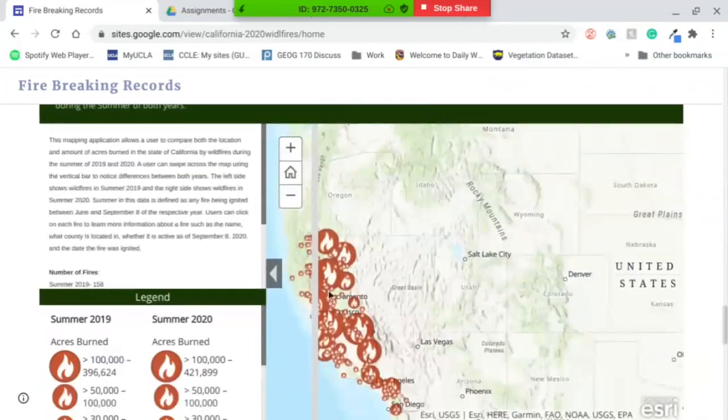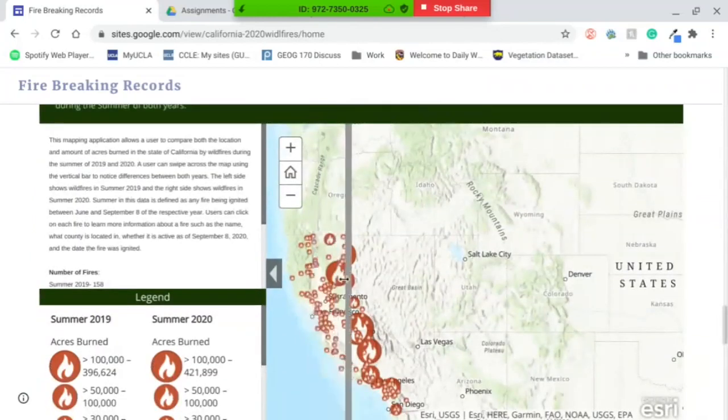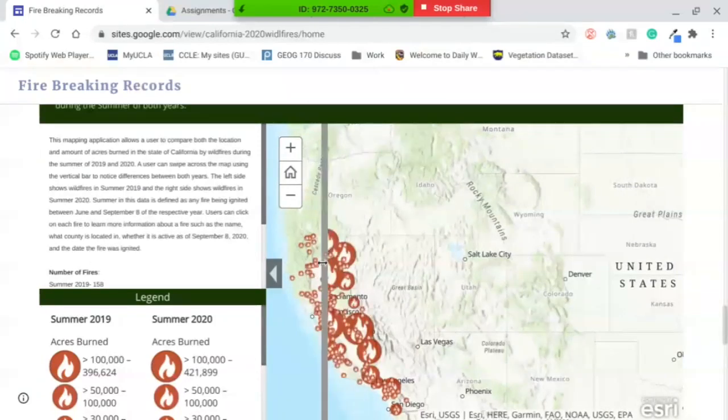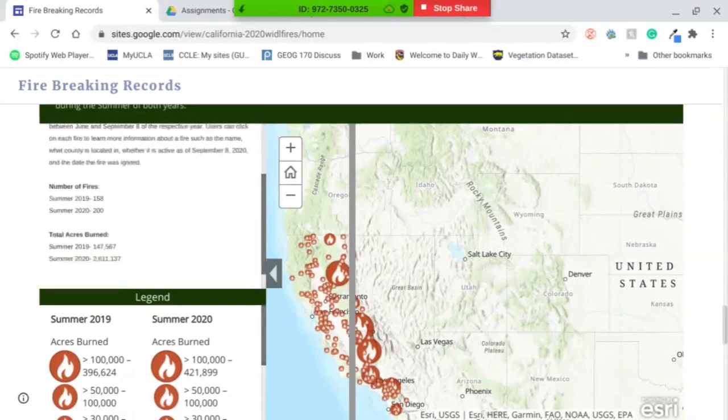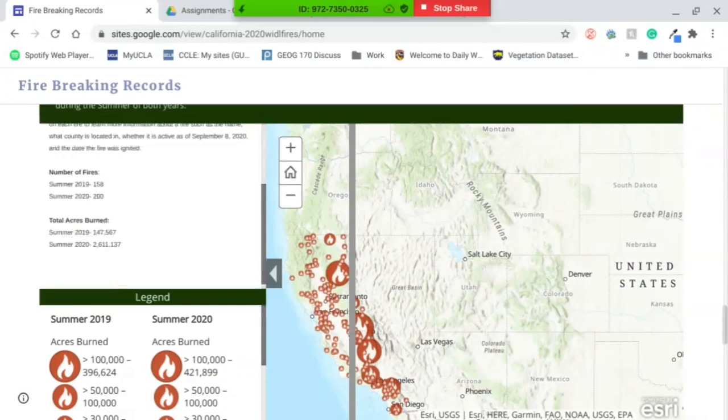The swiping bar can be used to compare the extent and damage fires caused in the state of California for both years. This web map has a legend for both maps, a title, a subtitle describing the map, and a text description to also help the user navigate the application and give specific information about the fires.